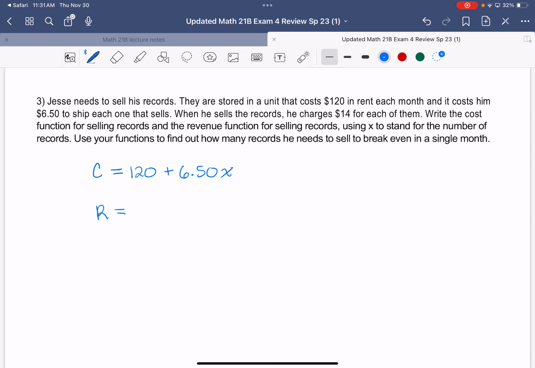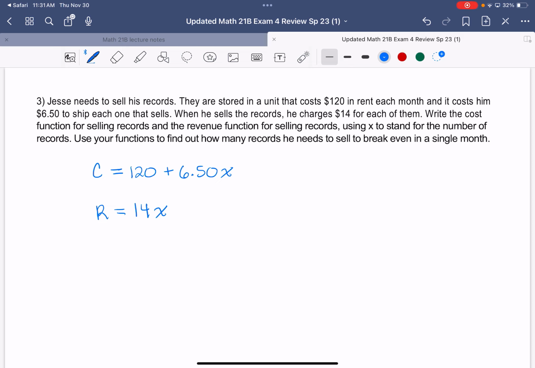So now the revenue is how much money Jesse is making for every record he sells. How much does he sell each record for? $14 each. So $14 per record he sells. So we got 2 of the 3 pieces done. We found the cost function, the revenue function. What we have left to do is determine how many records he needs to sell to break even, right? And recall, to break even, what do we do with cost and revenue?